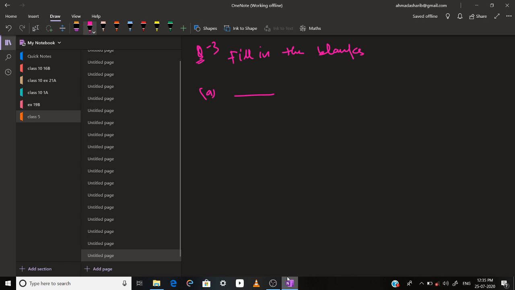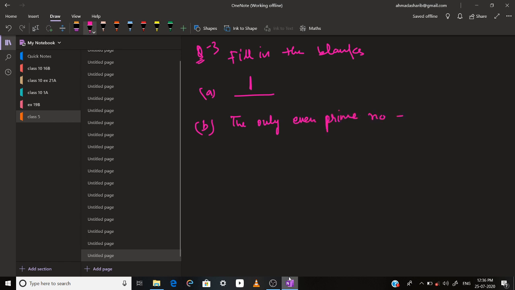The right answer is 1, because 1 is neither a composite number nor a prime number. B: the only even prime number is 2.